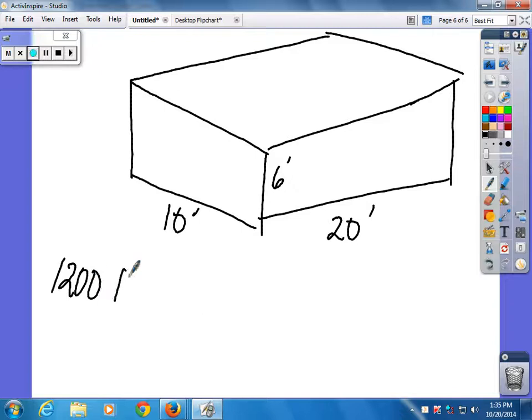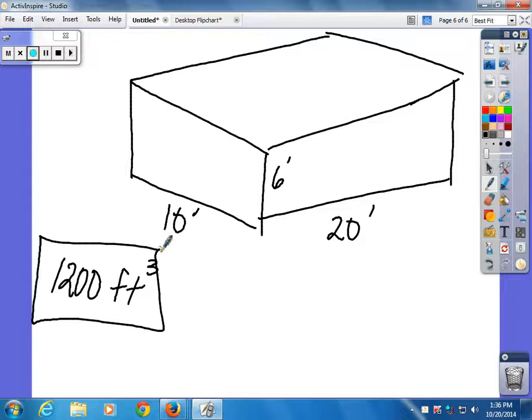What kind of feet? Nope. Cubic. Why? Because how many dimensions do you have? 3. So it's cubed. How many dimensions do you have with area? 2. So it's what? Square feet.